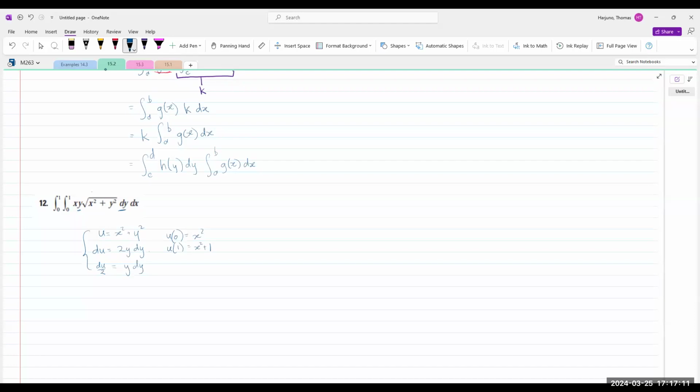In other words, my integral now becomes integral from 0 to 1 for my dx. But as for my dy, I get x squared to x squared plus 1 of square root of u du over 2.